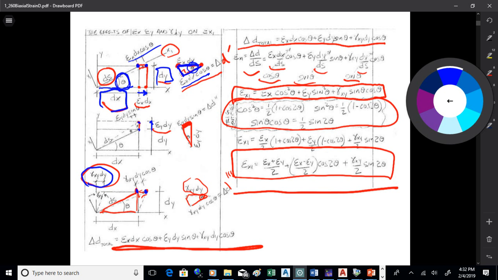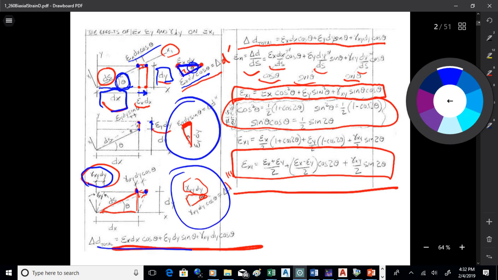Okay. And we do that basic process 3 times with the triangles that I'm showing here, and we add them all up and get the total delta on that diagonal line. Delta d total, as I call it. Okay. Then we're looking at a change in length there, but we want a strain, so we divide out the original length ds.